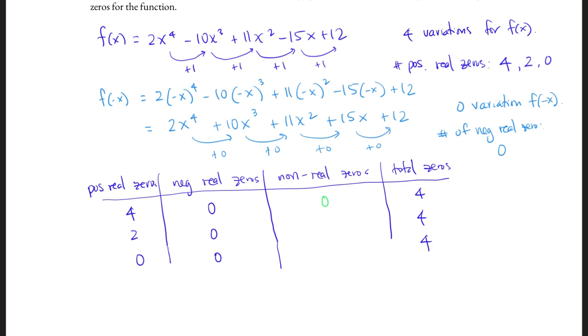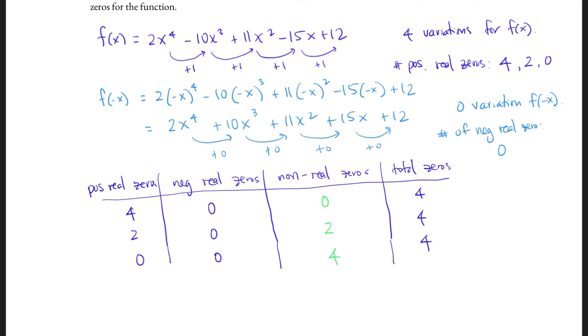If there are 2 positive real and 0 negative real, then there must be 2 non-real zeros. And if there are no positive and no negative, there should be 4 non-real zeros. Again, a function of degree 4 has up to 4 total zeros, non-real and real included.